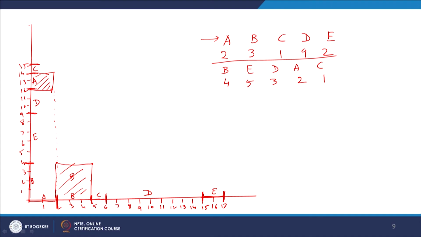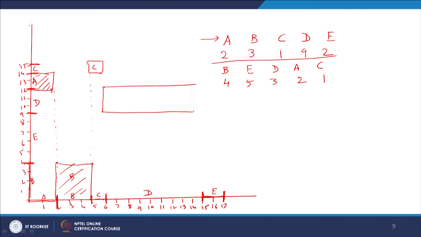Then comes C. So, where is C? C is at the top, there it is. So, we just quickly need to go to the top here, and it is only 1 unit. So, this is our C. Then comes D. So, where is D? D is here, and we need to complete the rectangle for the pairing.